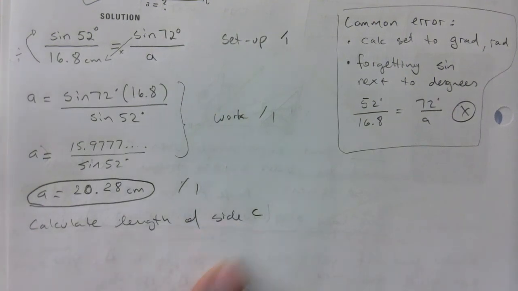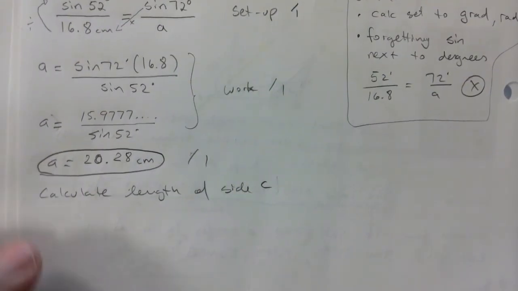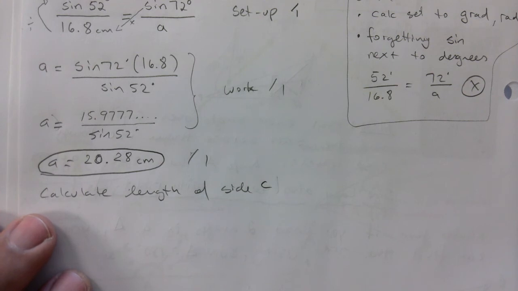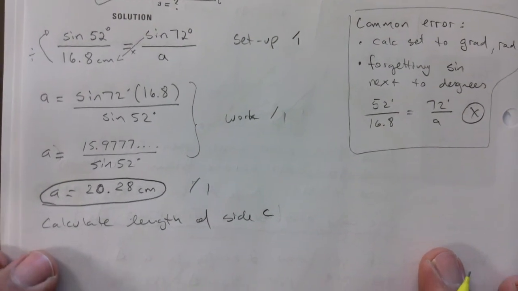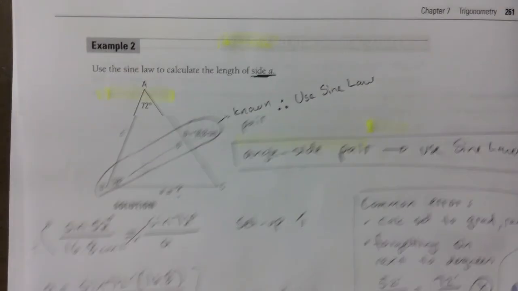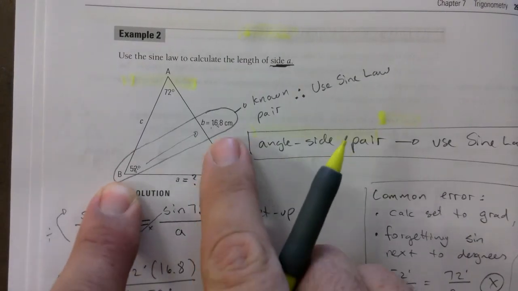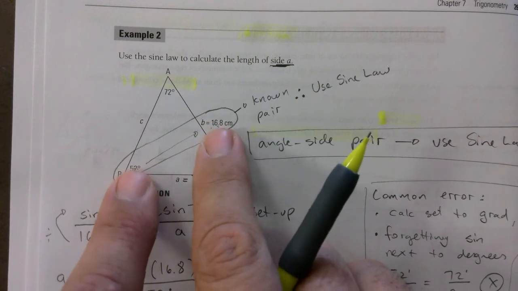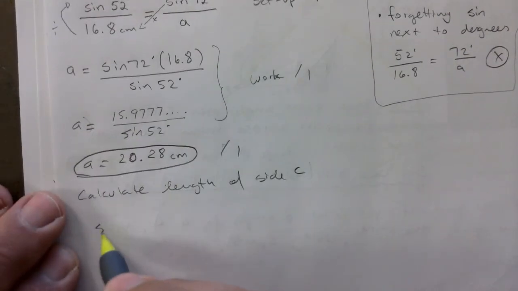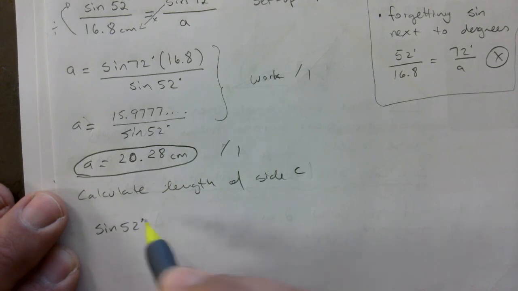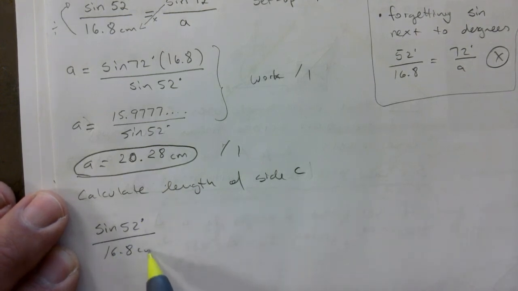Calculate the length of side C. And so we have a bit of a problem here, right? As you can tell, we do have a pair, okay? We have a pair, so we know we're going to use sine law. I'm going back to the original. So use the pair always to get you started. Sine of 52 over 16.8, right?